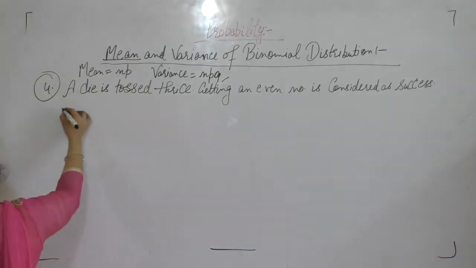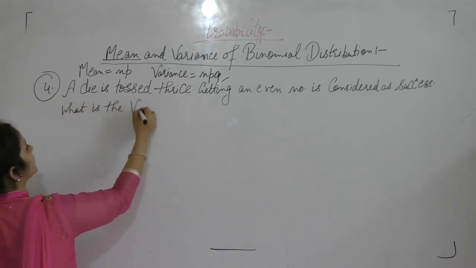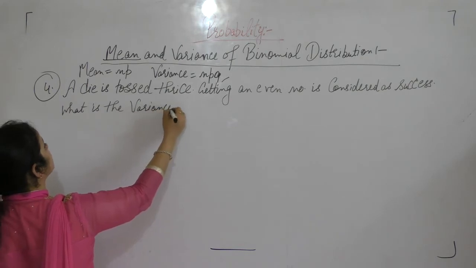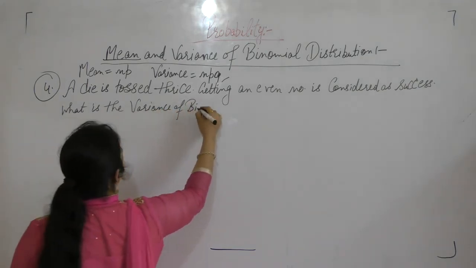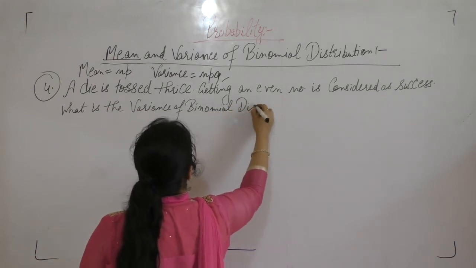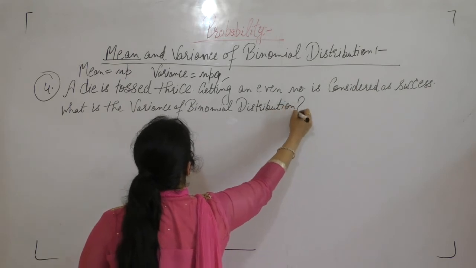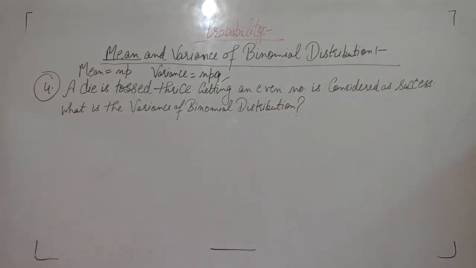What is the variance of the binomial distribution? A die is tossed thrice, so n is 3.